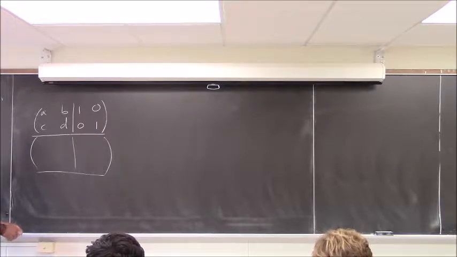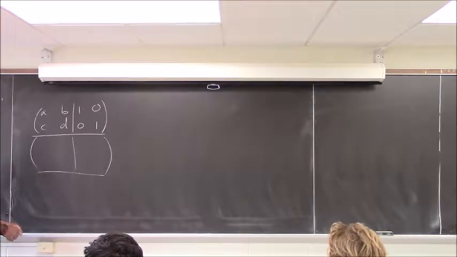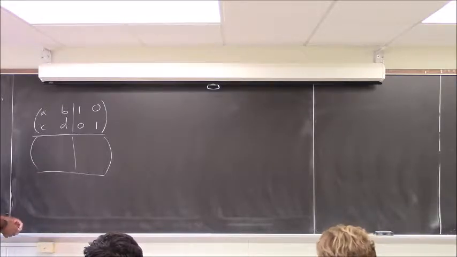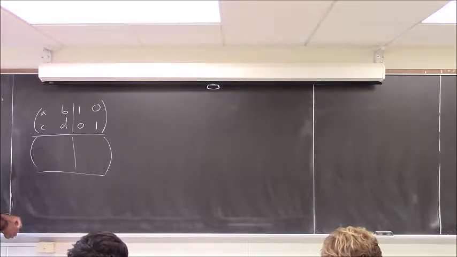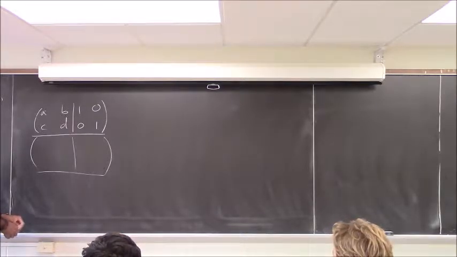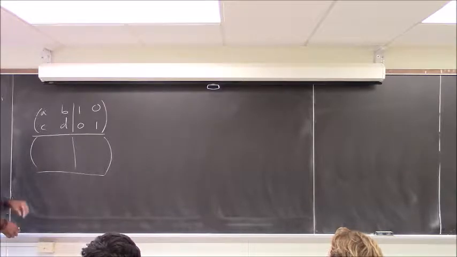Row 2 minus some coefficient times row 1. What's that coefficient going to be? It depends on what A and C are. Does it? Can you tell me something that's always going to work?